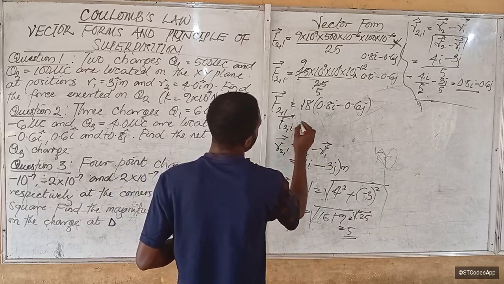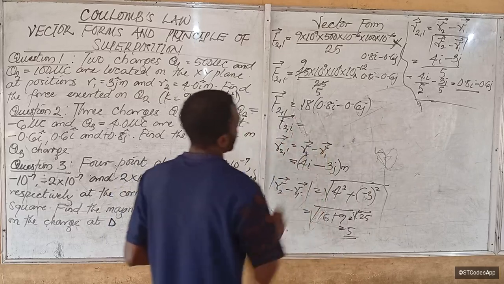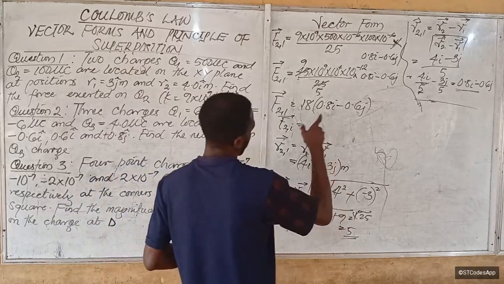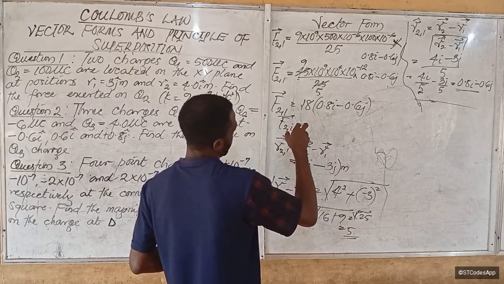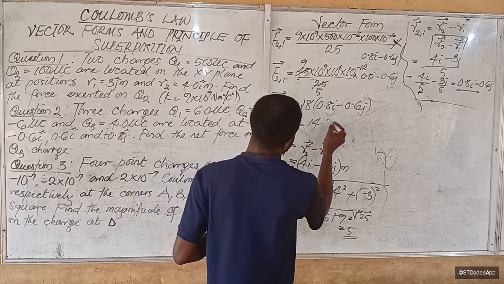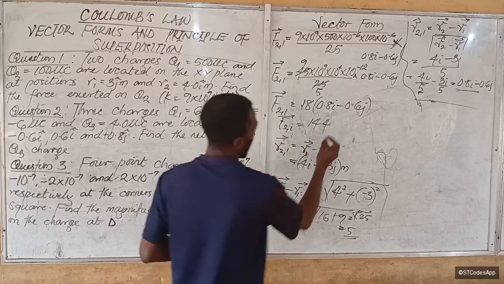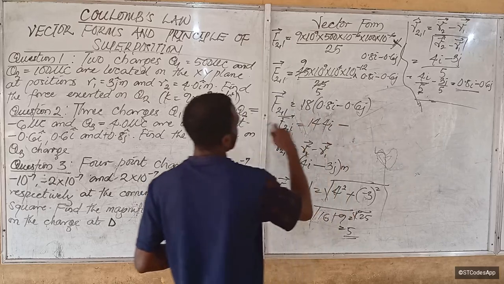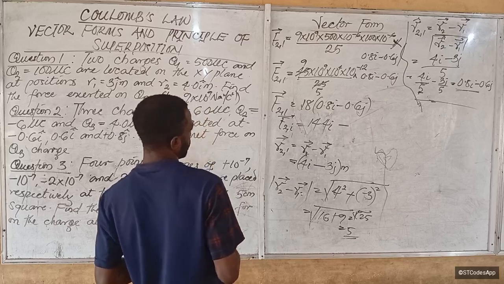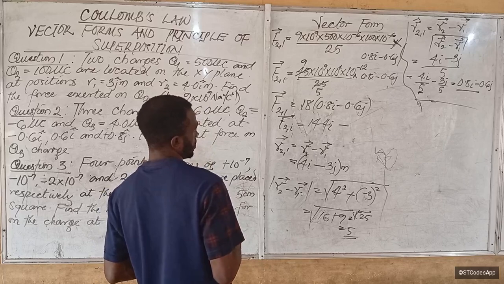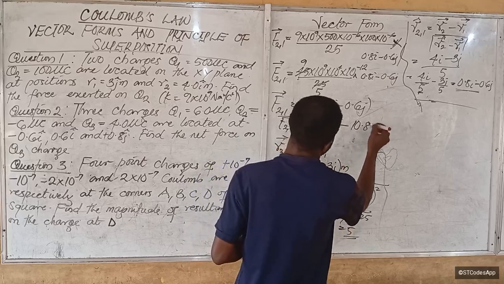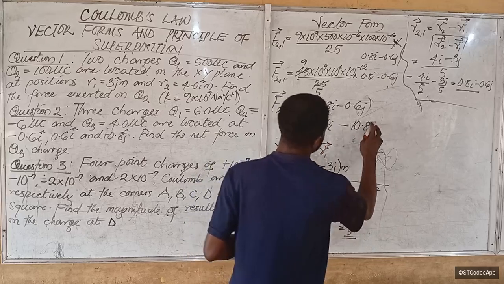So F2,1 will be equal to this times this. 18 times 0.8 gives 14.4i, minus 18 times 0.6, which is 10.8j.